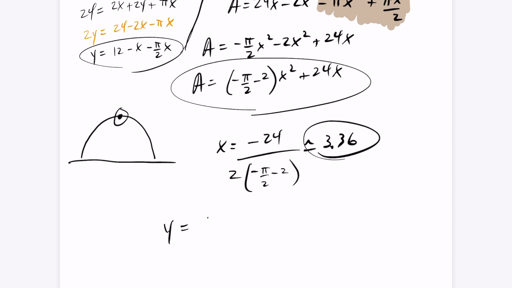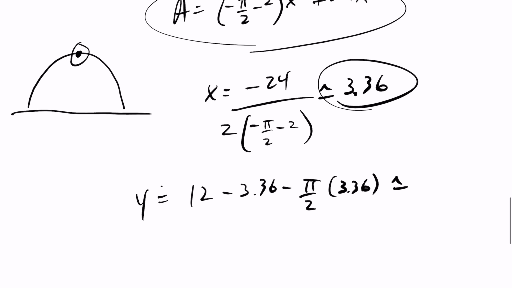So my y value is going to be approximately 12 minus 3.36 minus pi over 2 times 3.36. If I punch that in my calculator, I'll get my corresponding y value, which also comes out to be 3.36.